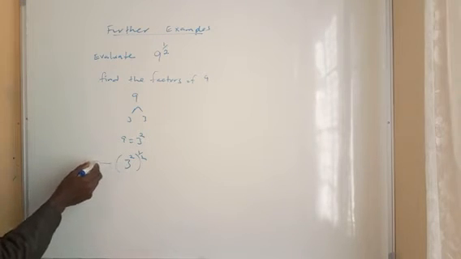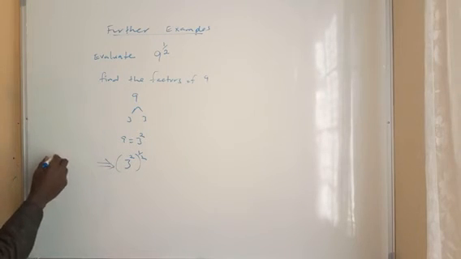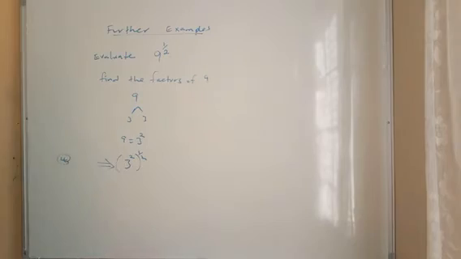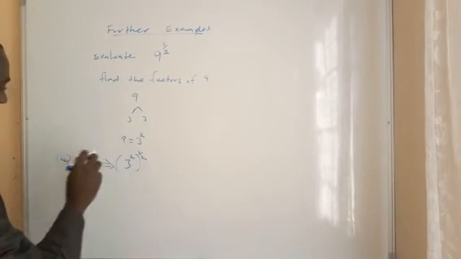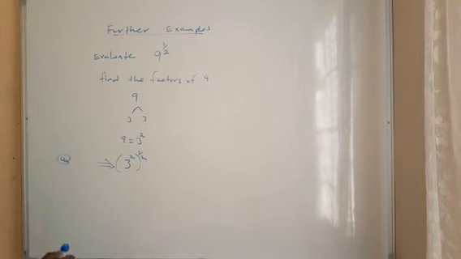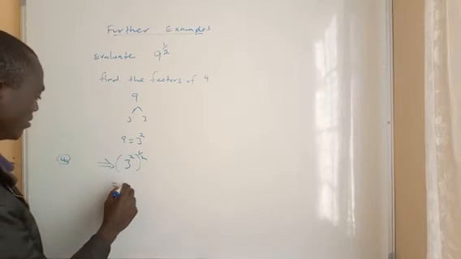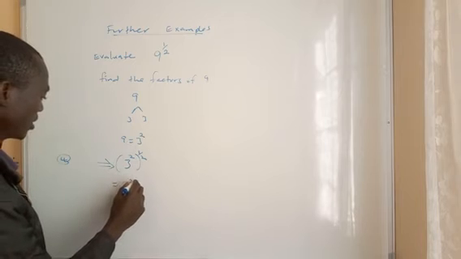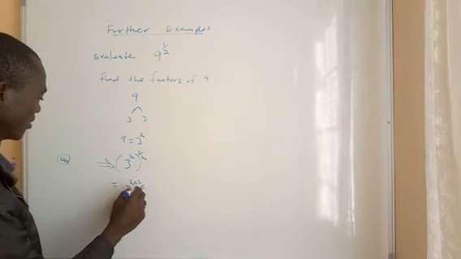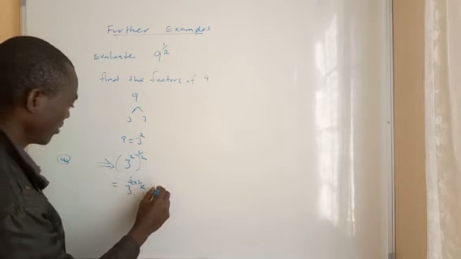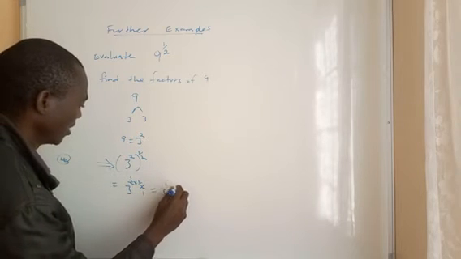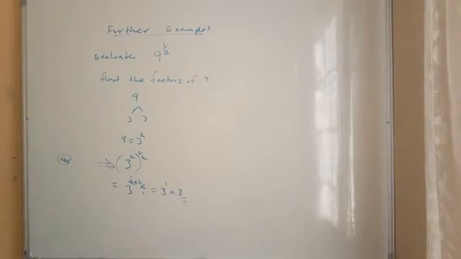If you have been keen, this is law number 4 that I have taught. Power raised to power. What did we say? I said when a power is raised to a power, we simply multiply. So the answer here will be 2 times a half. Cancel this, this is 1. So finally we'll have 3 raised to power 1, which is 3. Law number 4 has been used.